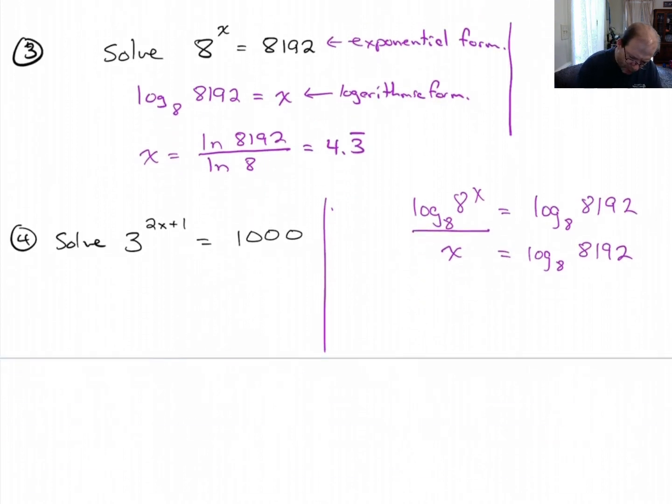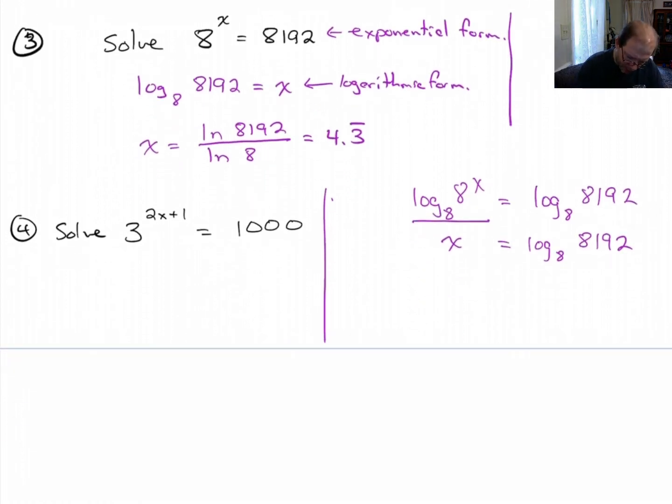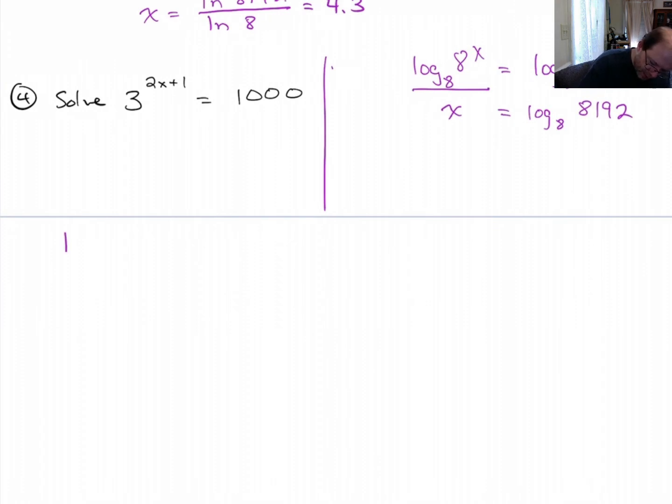All right, let's do one more. And I'm going to dispense with rewriting it. This right here, let's take the base 3 log of both sides of this equation. Log base 3 of 3 to the 2x plus 1 equals log base 3 of 1,000.